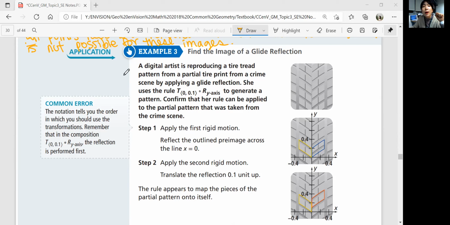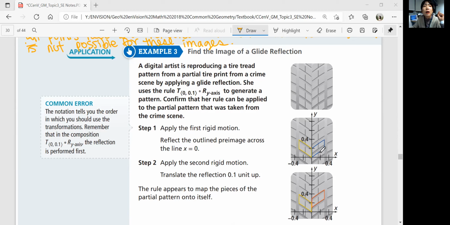To generate a pattern, confirm that her rule can be applied to the partial pattern that was taken from the crime scene. Okay, so step 1, you're going to apply the first rigid motion. You're going to first reflect the outlined pre-image across the line x equals 0. Okay, so reflection across the y-axis.